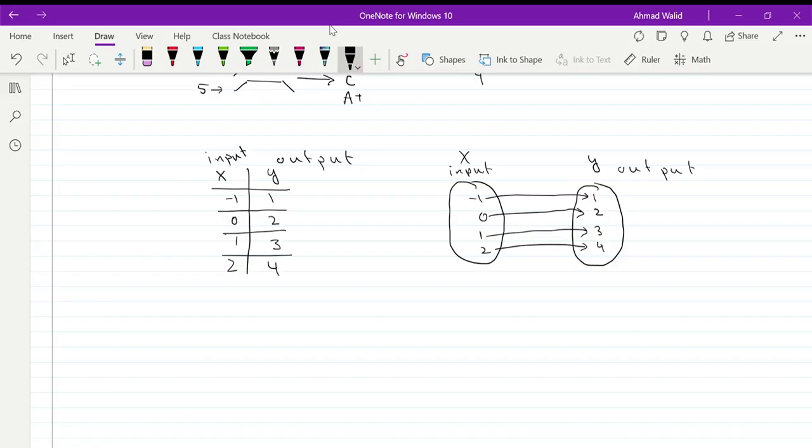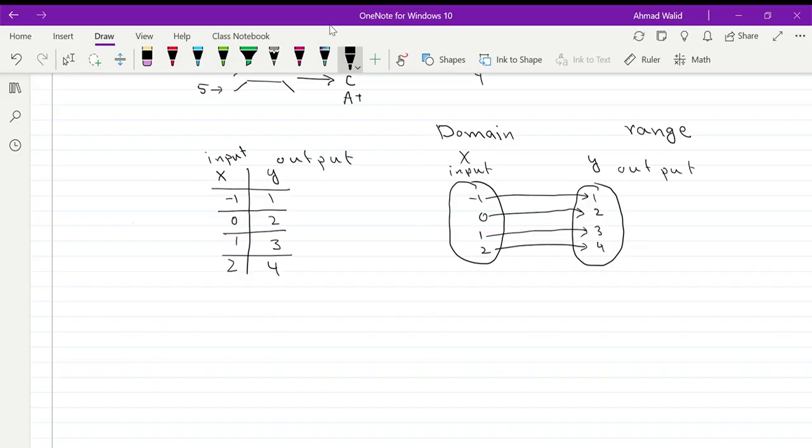When we are dealing with functions, we call the input the domain. I wrote a very bad D here. Let me erase the D. I didn't like it. Domain. We call the output range.